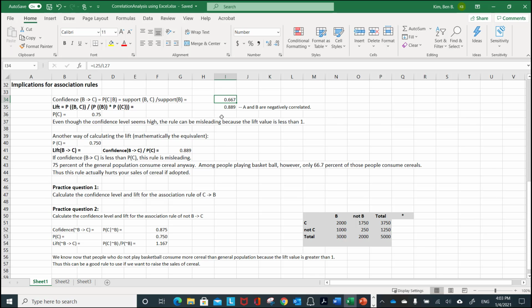But the lift is 0.889. As you know now, this value is less than 1, so B and C are negatively correlated. We just did this part in our textbook.